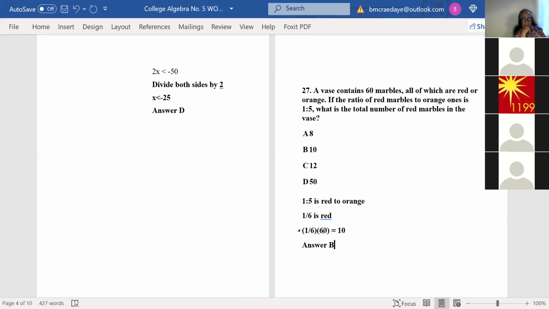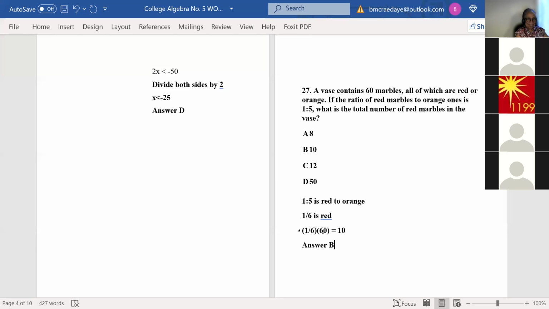How many are orange? 50. 60 minus 10 is 50. So 50 are orange.